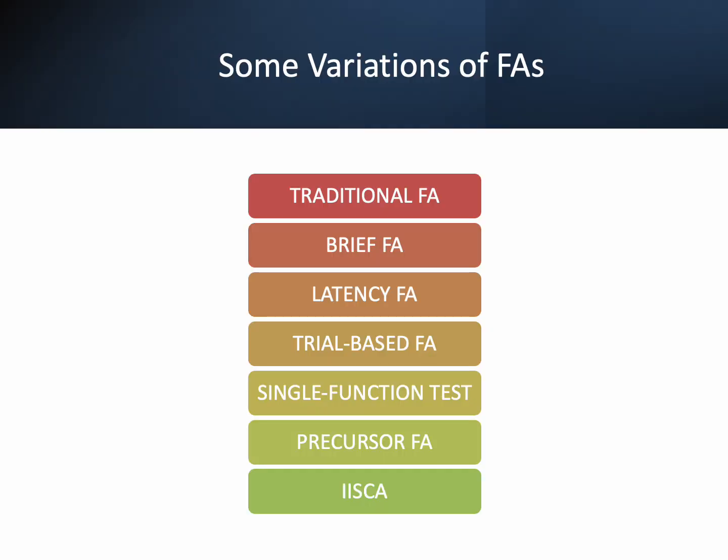So these are some of the different variations of functional analyses. As I mentioned, there are many variations, and I'll briefly cover some of them. The traditional functional analysis is set up to have different test conditions that each last about 10 minutes. And so we'll have an attention condition for 10 minutes, a tangible condition for 10 minutes, an escape condition or a demand condition, and we have the play and the alone condition.